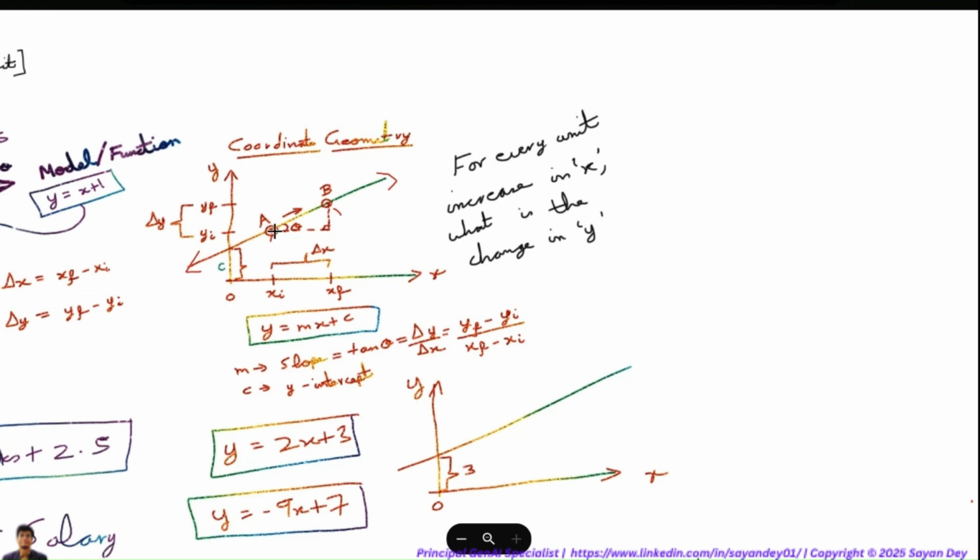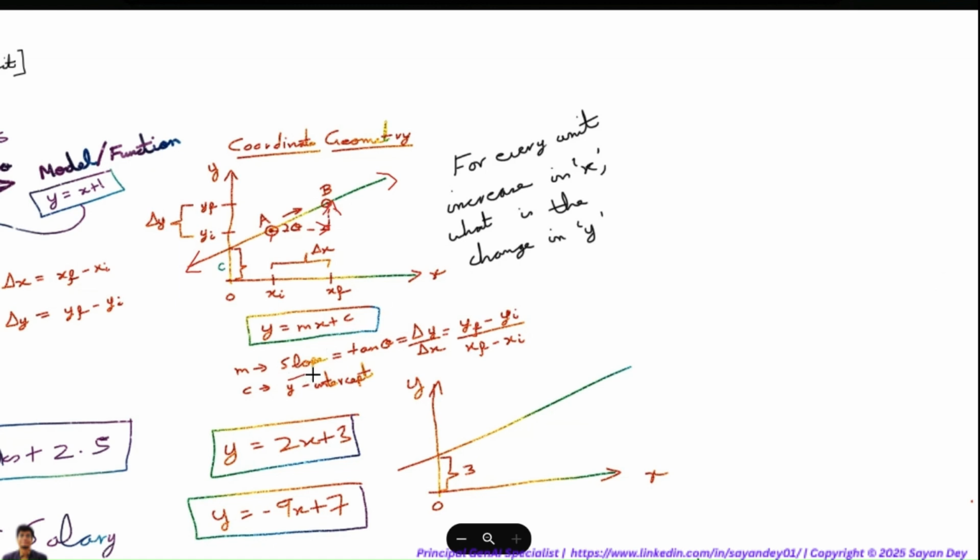As you travel from point A to point B, there are two types of movements that are happening. One is a horizontal movement, and two is a vertical movement, isn't it? When you climb up a hill, you're traveling in two broad directions. One, you're traveling horizontally, and two, you're traveling up vertically.